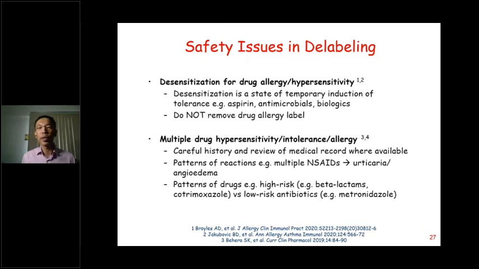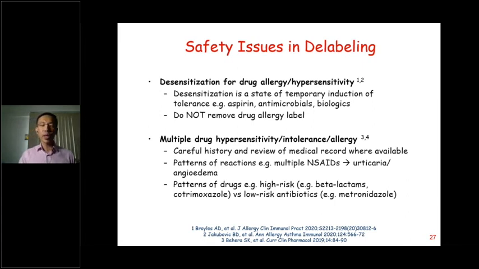So for example, in aspirin desensitization for coronary artery disease, in antimicrobial desensitization, or in desensitizing patients who develop hypersensitivity reactions to biologics and chemotherapeutic agents. Now, the most important thing in desensitization is that because it is a state of temporary tolerance that you have induced, the drug allergy label should not be removed.